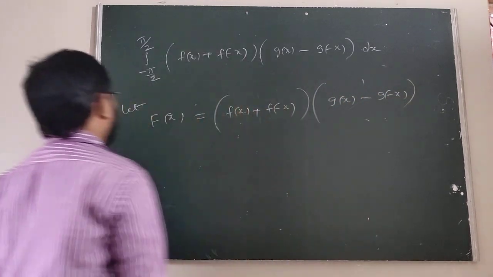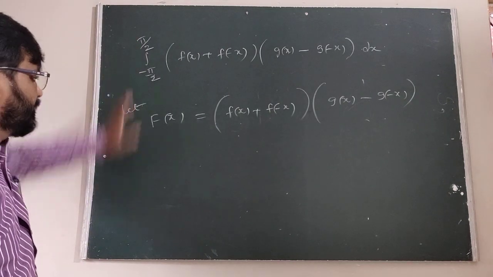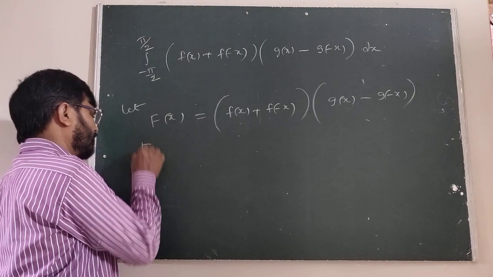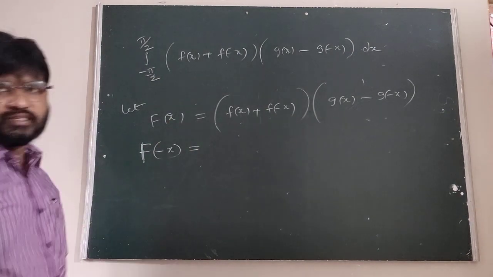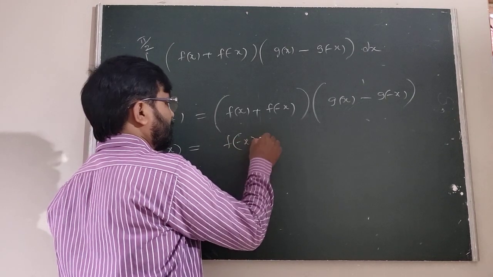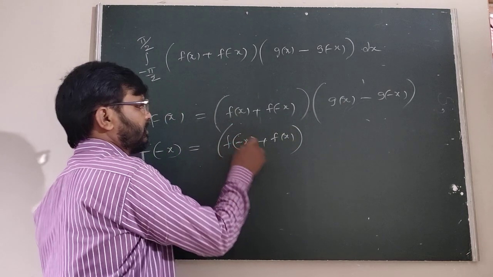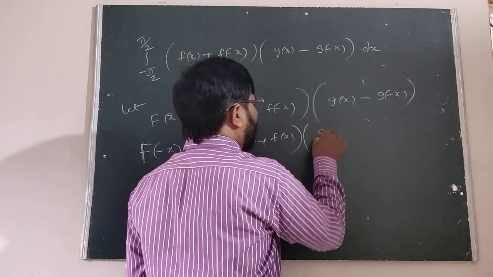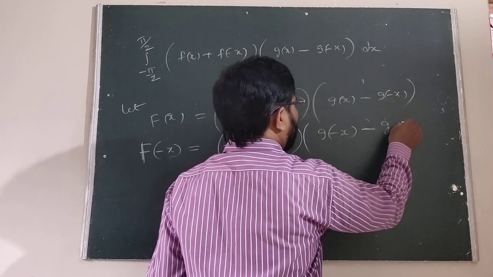When the limits are equal but have opposite sign, undoubtedly we can first verify whether it is even or odd. Replace x by minus x. Then it will be f of minus x plus f of x, and after that g of minus x minus g of x.